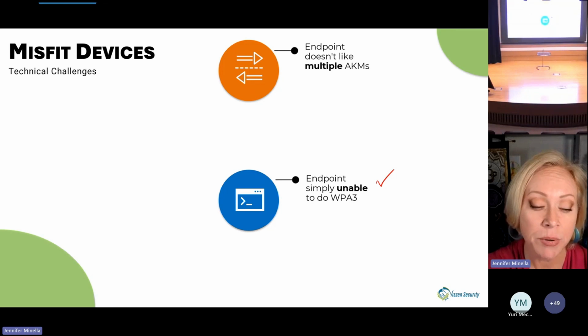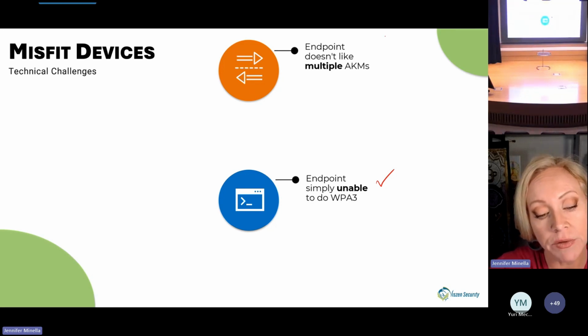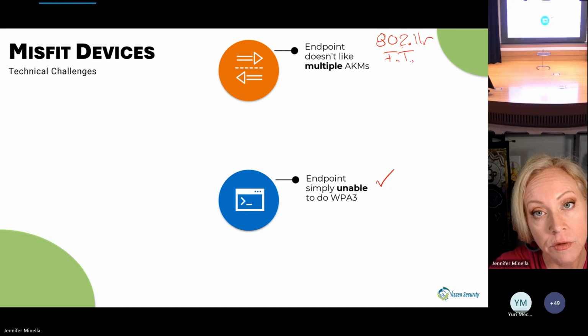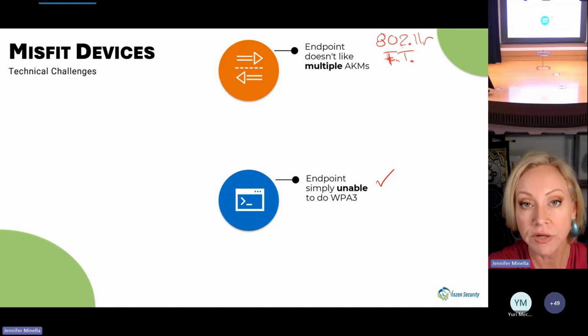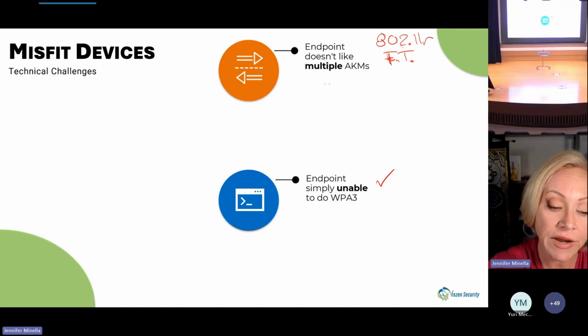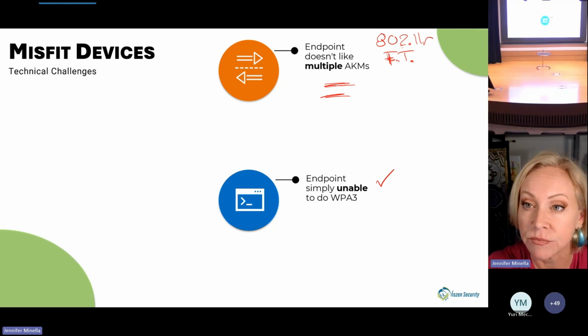If you guys hit a problem a long time ago when we talked about transitions from 802.11r, FT roaming, several years ago when that first came out, this was a related issue where when you look at an FT network, you get the regular advertisement and then you get the second AKM for FT, right?